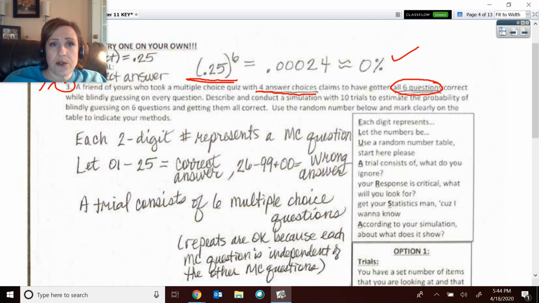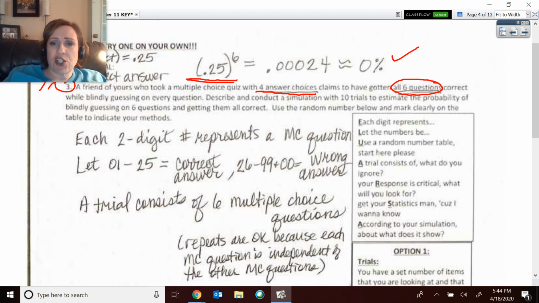Now, you could have also used the numbers 1, 2, 3, 4, where 1 is a correct answer choice, 2, 3, 4 are not, and ignore the other single digit numbers. So you could have used single digit if that was how you handled that, but otherwise I did 2-digit numbers.